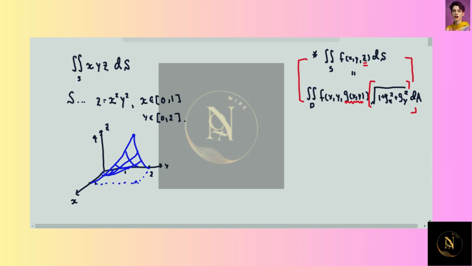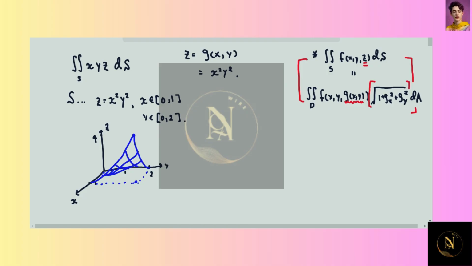Here we are given that z is x squared y squared. So I'm going to call that function g of x comma y, which is x squared y squared.